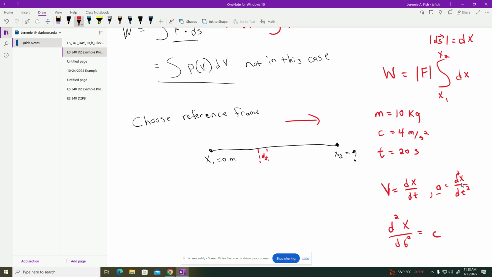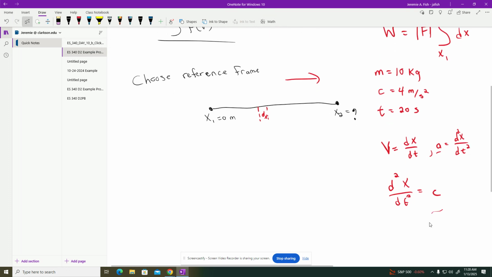And the reason that's going to be important is when we want to determine the distance that's traveled, remember from physics 1, you have these kinematic equations. Well, the kinematic equations can be nicely derived.